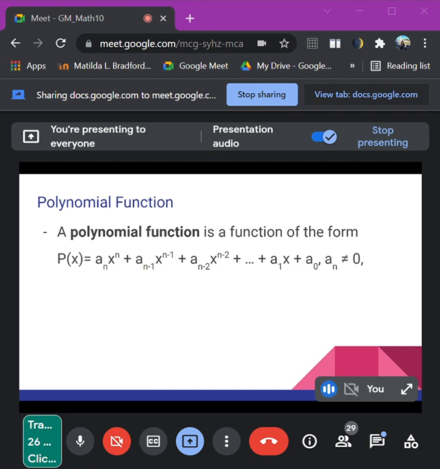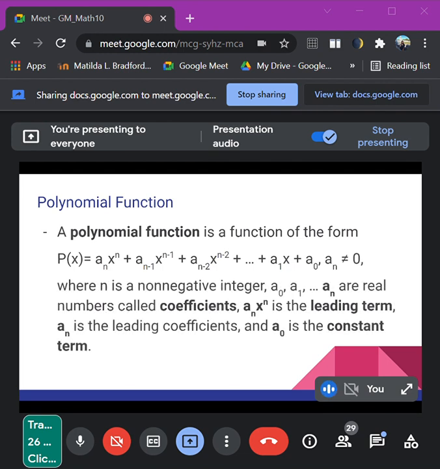So what are these a sub n x raised to the power of n, teacher? Your n is a non-negative integer. All the n there should be non-negative integers, meaning positive. Your a sub 0, a sub 1, up to a sub n are real numbers called coefficients.